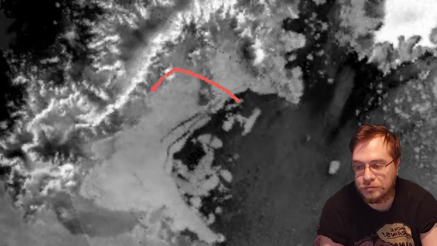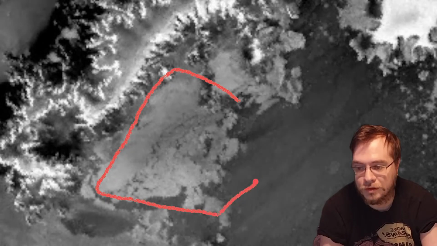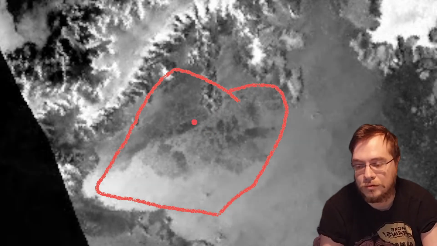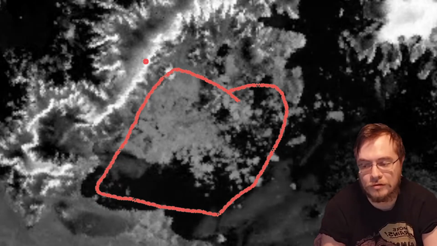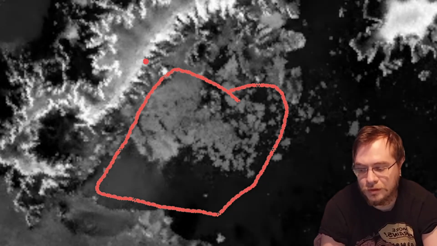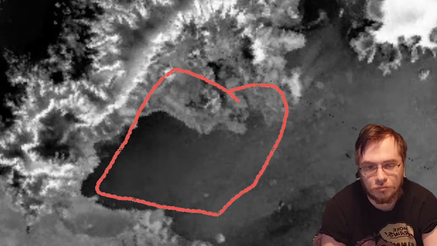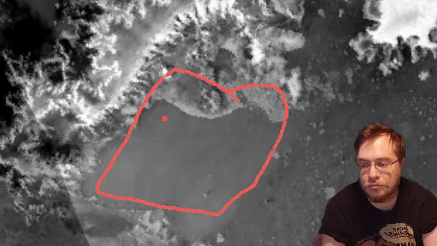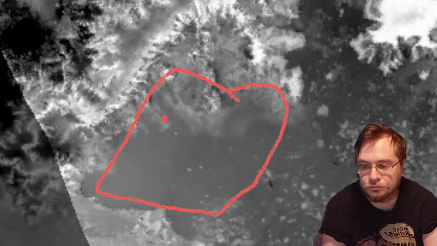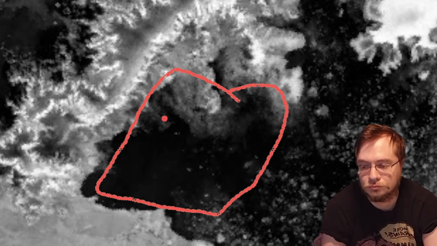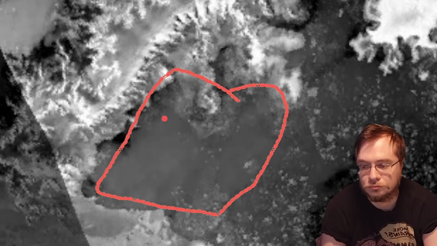More importantly, this area right here is one of the most significant because it's important to note just how it looks after sea ice extends.